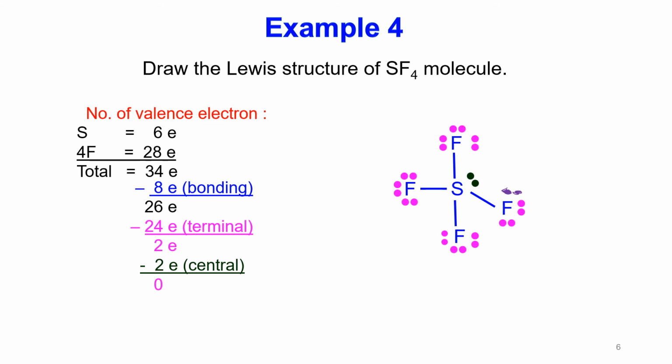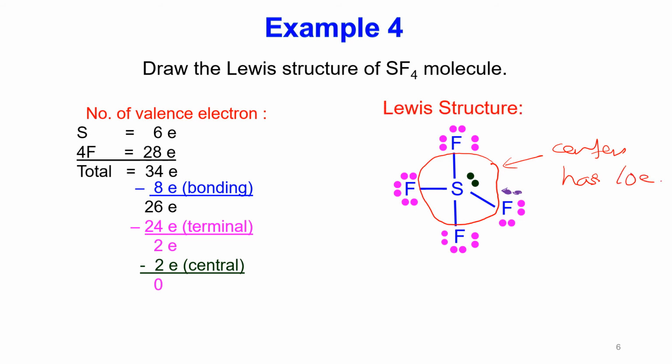The center has 2, so the balance is 0. Now we can see that sulfur at the center has 10 electrons. But this is stable. You will learn further about this.